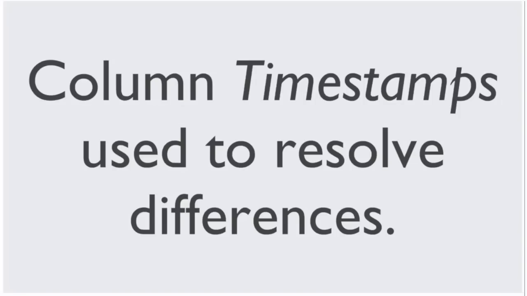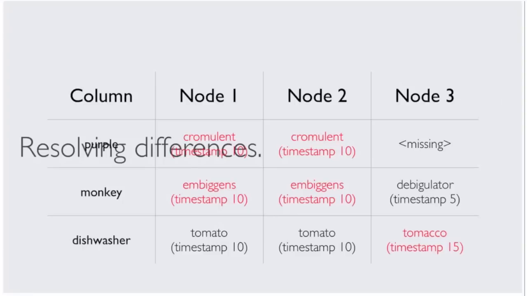And to agree on what the value is, we use column level timestamps. These timestamps are really just 64-bit integers, and by convention we use nanoseconds past the Unix epoch. We look at the table here, which again WebEx has conveniently put the headline over.